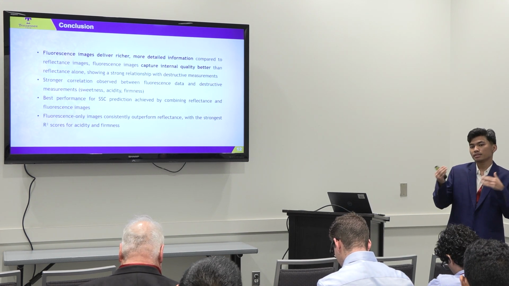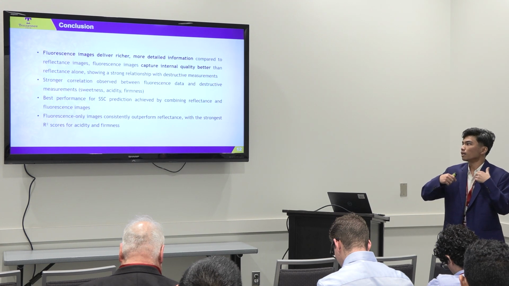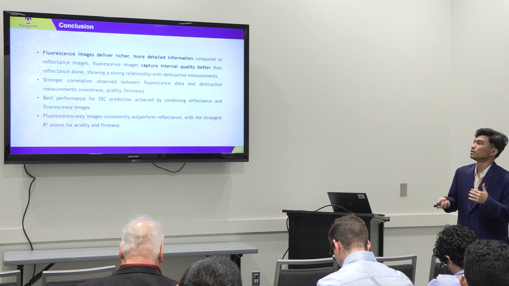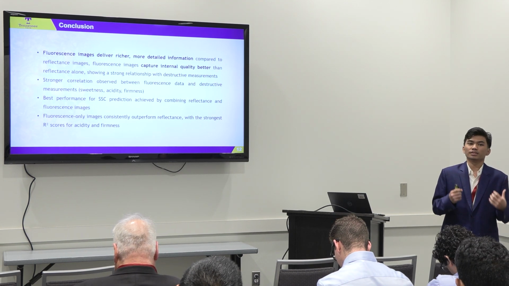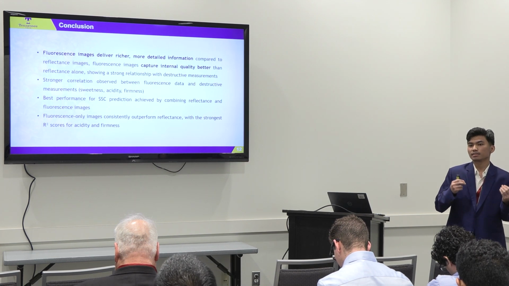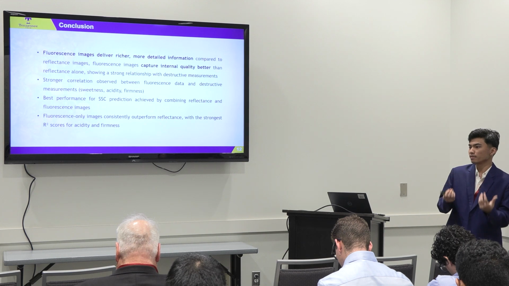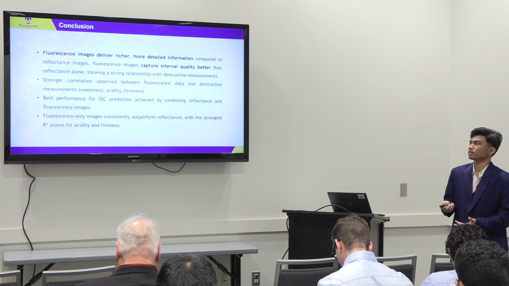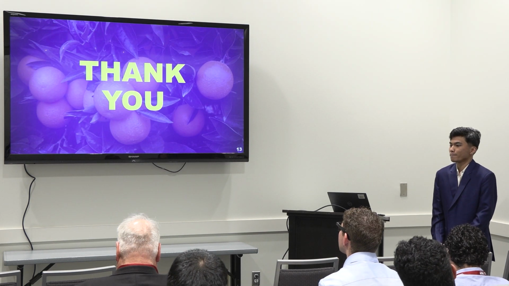And by using 6 channels of input, a combination of both, we can have the best prediction performance with SSC, but not with acidity and firmness. So the key takeaway here is fluorescence imaging is more than just an alternative. It is a superior non-destructive method for internal quality orange prediction. Thank you very much. That's it from me.